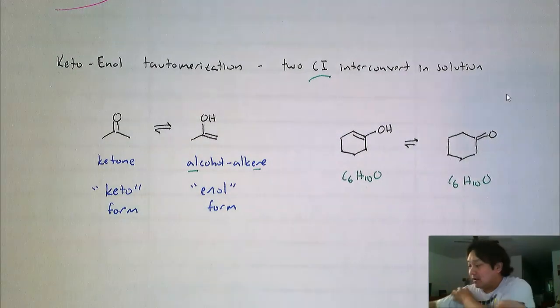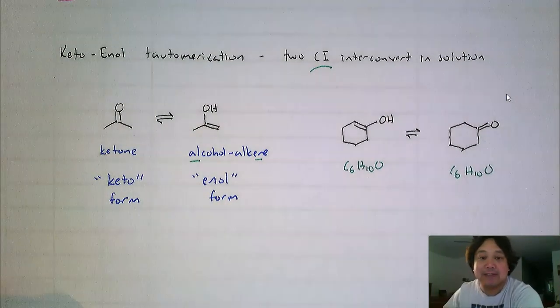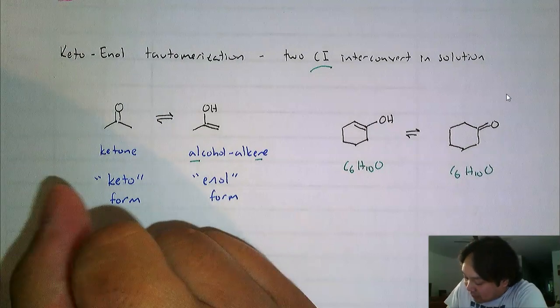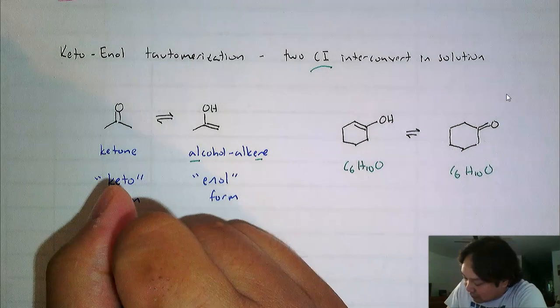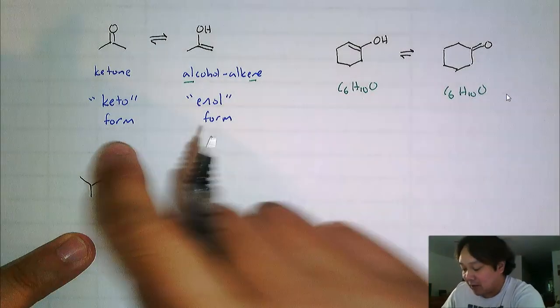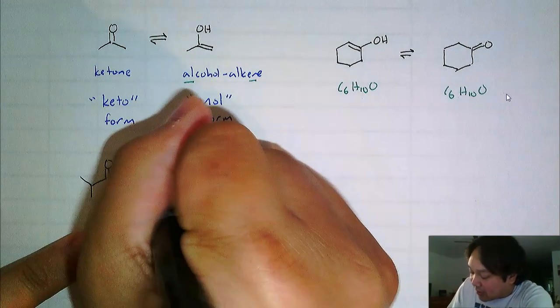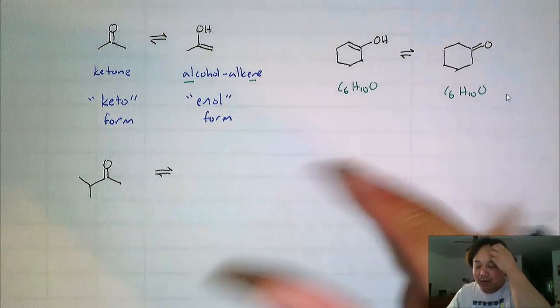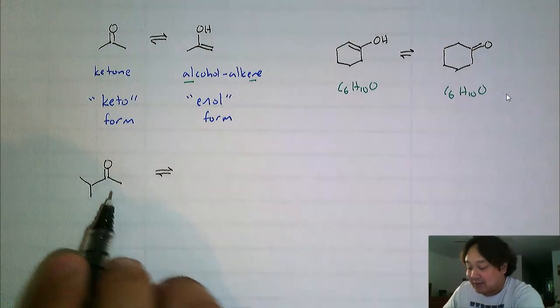Okay. Now, where can things get a little bit complicated is this. If you had an asymmetrical ketone, okay, this is called the keto form again, then how do we go now to the enol? Well, we're going to shift the double bond to one of the sides.